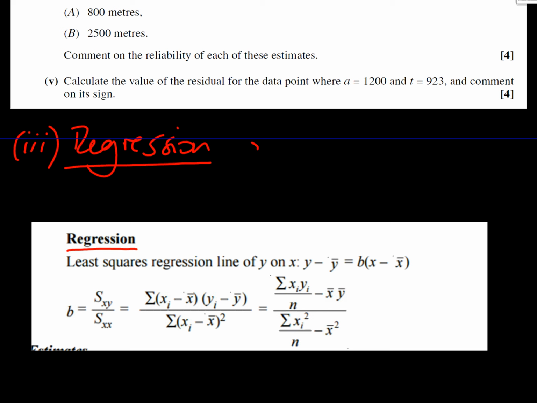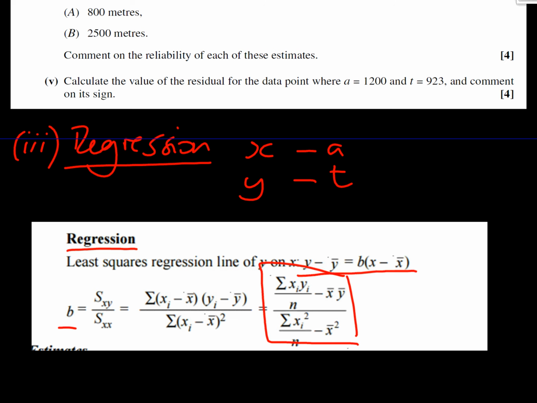Well, x is our independent variable, so in this case that's going to be A because that's our altitude, that's what's driving it, and y is going to be our dependent variable, in this case T. And what we've got here is our formula for regression: y minus y bar equals b times, in brackets, x minus x bar, and they've given us a formula for finding b, which is this expression here.